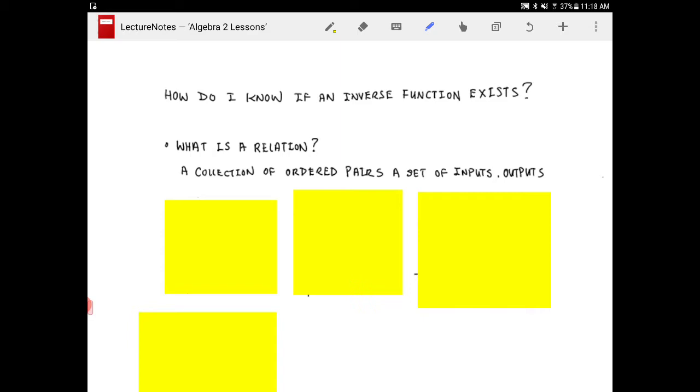So for instance, if you were to collect data on the amount of calories you're intaking, and then you pair that with the weight that you measure from day to day, calorie intake, comma, weight, and you do this for maybe 15 days, 30 days, just to keep track of the calorie intake versus your weight gain or decline, that right there is a relation.